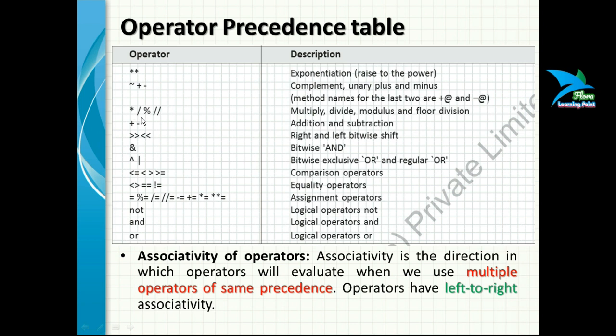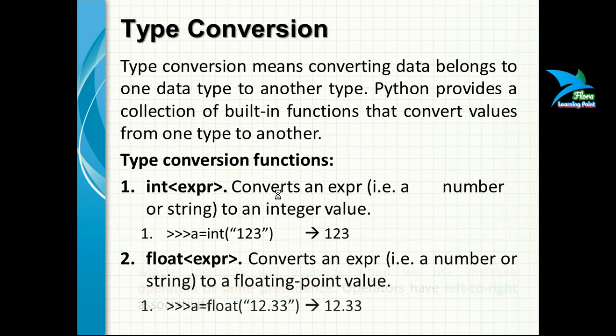For example, multiply, division, modulus have the same priority level. So when we use these operators in a single statement, which operator will evaluate first depends on the associativity of operators. Associativity is the direction in which operators will evaluate when we use multiple operators with the same precedence.